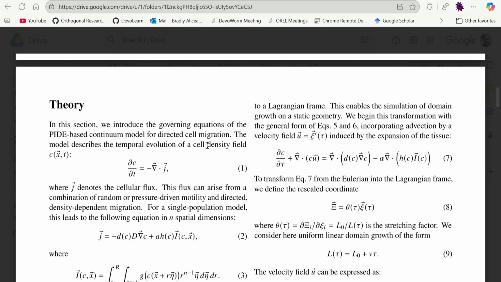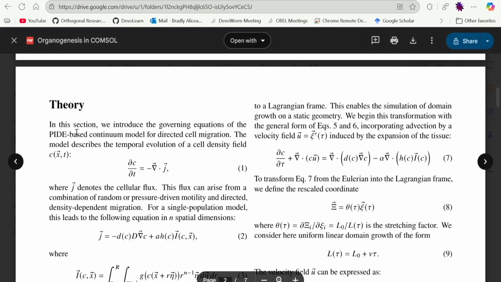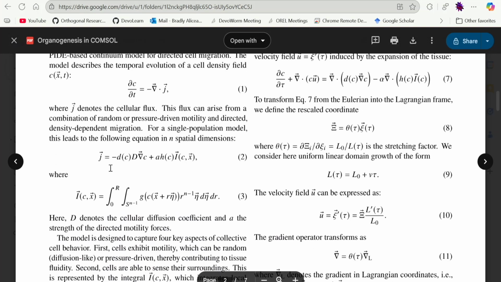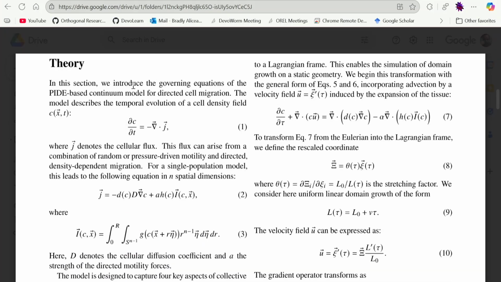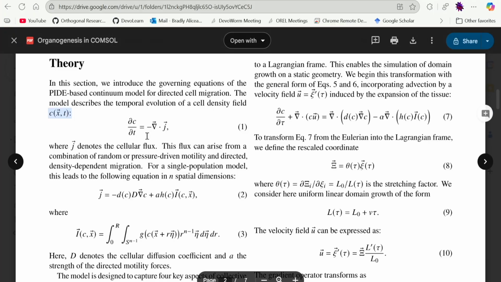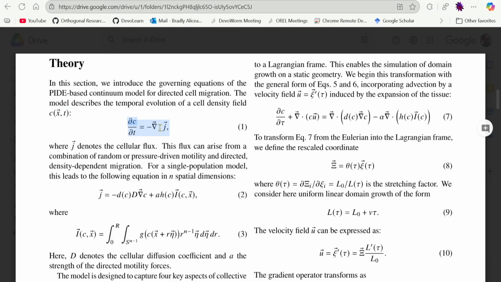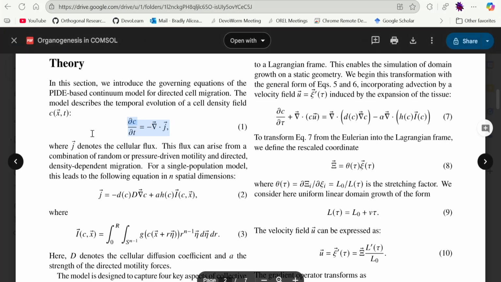So we introduce the governing equations of the PIDE-based continuum model. The model describes the temporal evolution of a cell density field, which is c(x,t), x being a vector, and t being time. So this is our cell density field here, and then this is our differential equation here, where we have a gradient, a directed gradient, and a directed J term, and it's the multiplication of that.